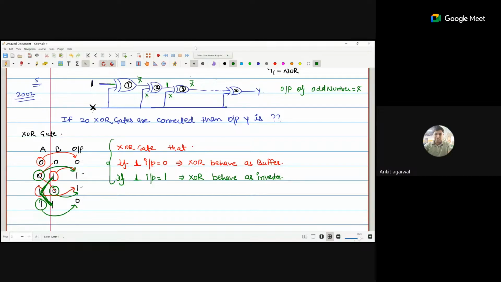So the output of an odd number is always X bar, and the output of an even number is 1. In the question, they are asking about 20 NOR gate, XOR gate. So 20 is an even number, so our output is 1.